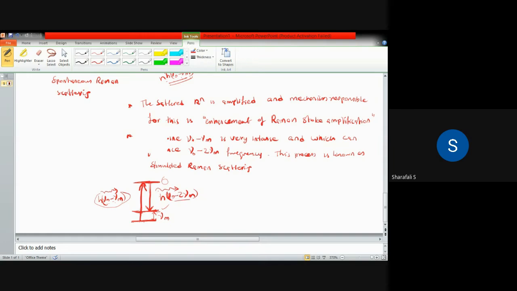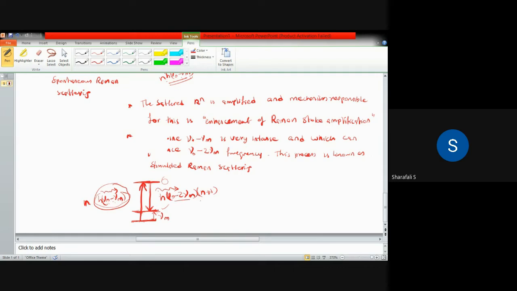And if you have a large number of such photons in your system, for example n such photons, then you will have n plus 1 times of this. Along with that, the interaction gives the conventional Raman scattering also.